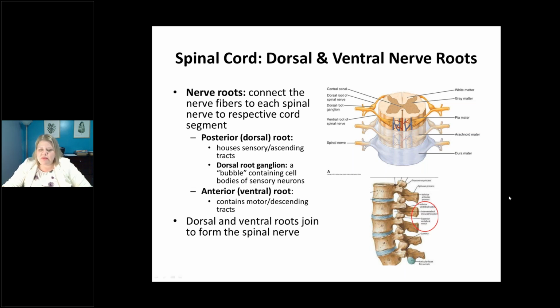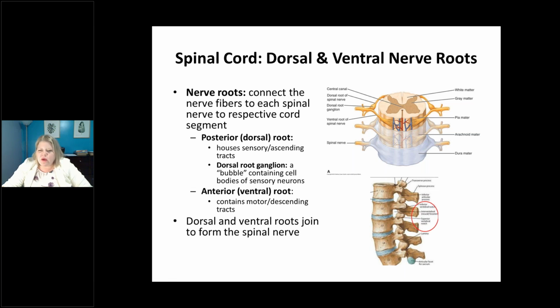All right, so this picture is showing a portion of a spinal cord. It has been sliced in a transverse section, so we can actually see that butterfly shape, but we can see more of the spinal cord. We can see the different layers of meninges: the hard dura mater on the outside, the arachnoid mater underneath that, and then the pia mater deepest of all of the meninges.